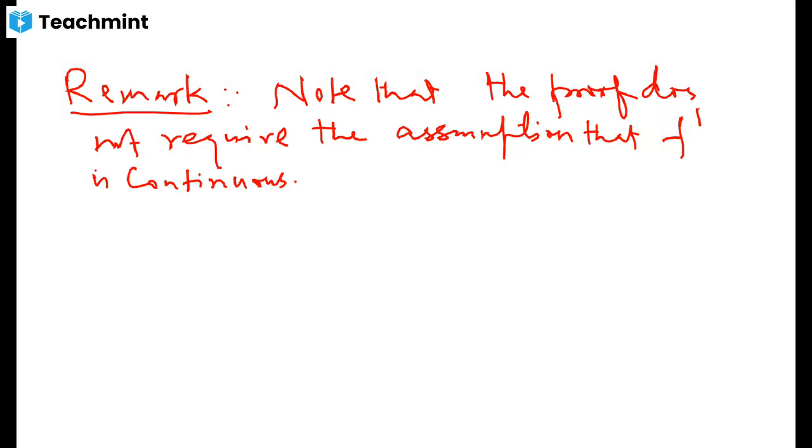That would imply that the derivative is continuous, and I had promised to tell you in coming chapters about this, but we haven't reached there. We have proved this Cauchy theorem without using that assumption of the continuity of partial derivatives. But by using this Cauchy theorem, we will prove the Cauchy integral formula, and that will prove that the partial derivatives are continuous. But we have to wait for that.